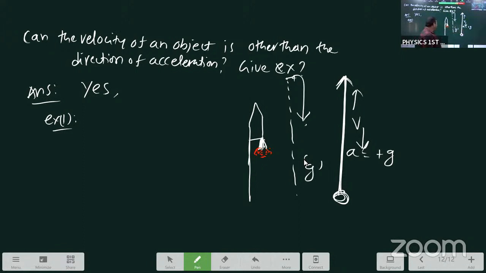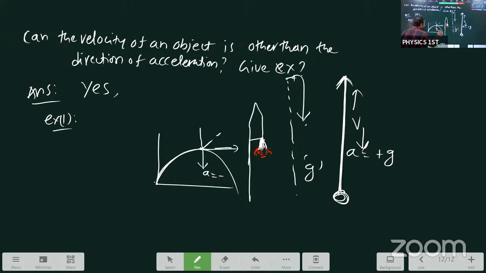One more example to take: the projectile concept from yesterday. The projectile goes there. This is acceleration due to gravity. This is the velocity x component, and velocity y. Velocity acts tangentially, acceleration due to gravity acts downwards.